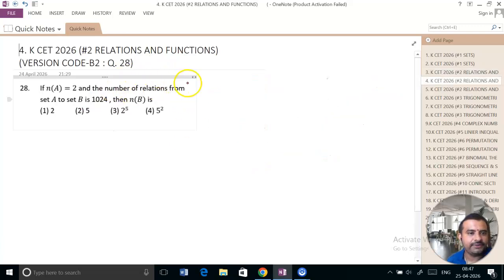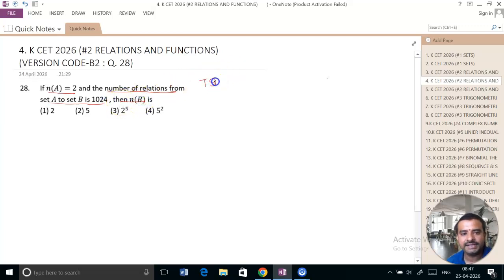So the second question from relations and functions of first PUC. Here n of A is equal to 2, that is, the number of elements in set A is 2, and the number of relations from set A to set B is 1024. Then what is n of B?